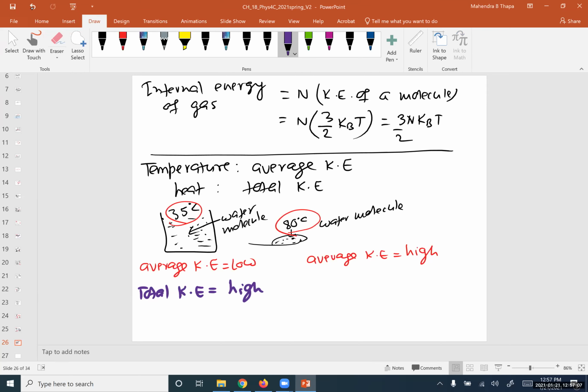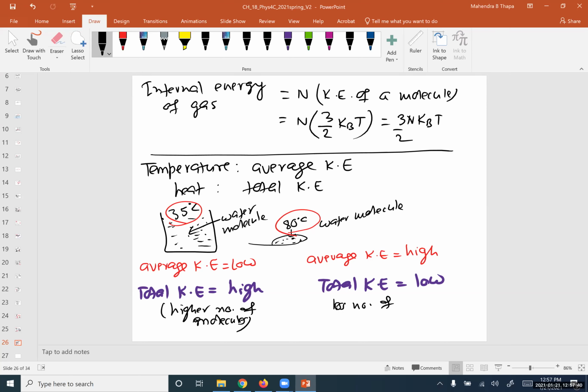because of the higher number of atoms or molecules. In this case, the total kinetic energy will be low, because in this case you have fewer water molecules.